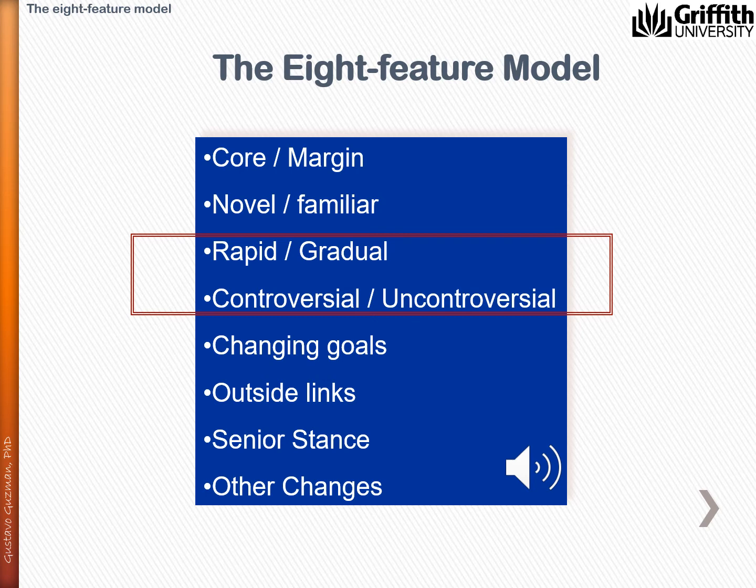Regarding controversial and uncontroversial projects, we can say that some projects push significant disagreements. For example, a major reorganization in an organization in which there will be less people and more workload means that the project is not neutral. There will be significant challenges in this project.